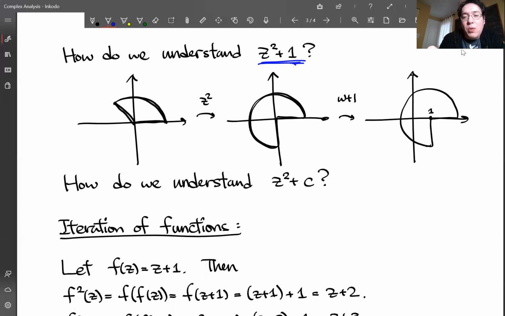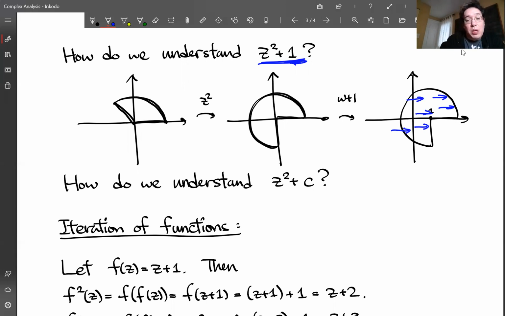And then adding 1 is shifting everything 1 unit to the right. That's like adding 1 in the complex sense. So every point is shifted to the right. I hope that makes sense.